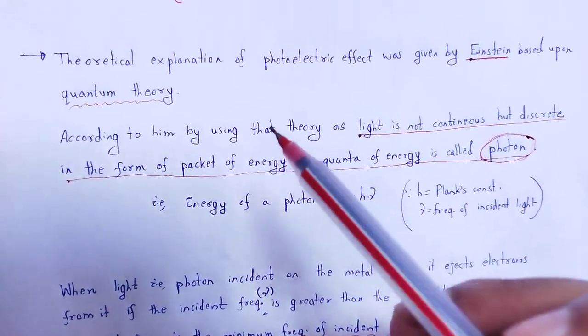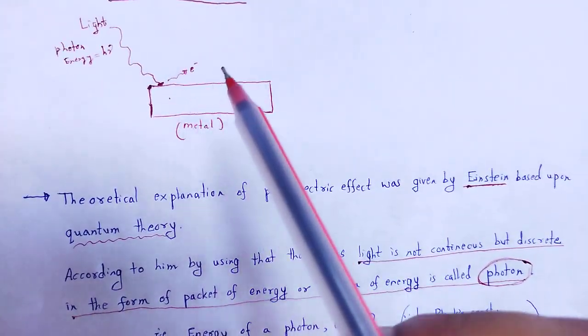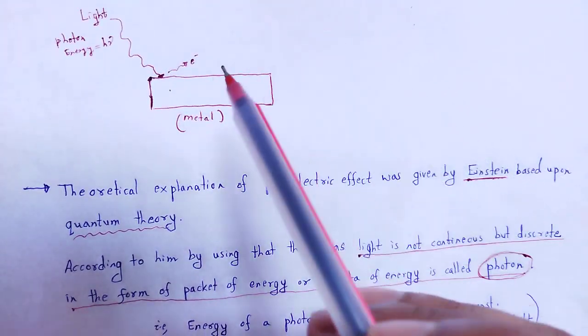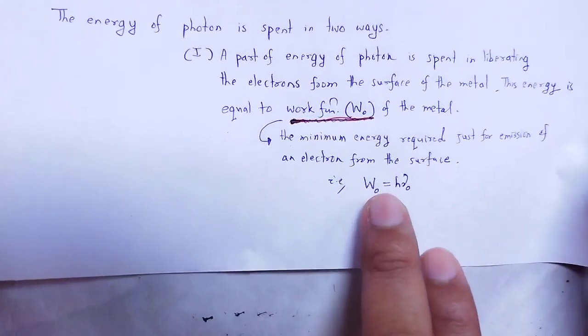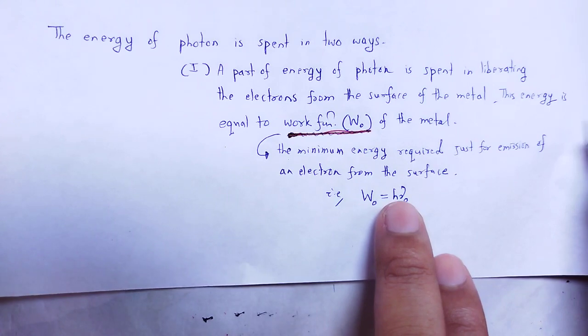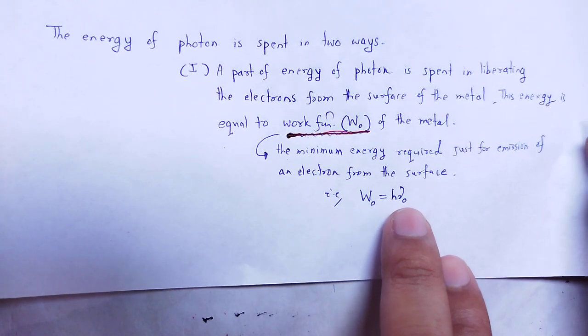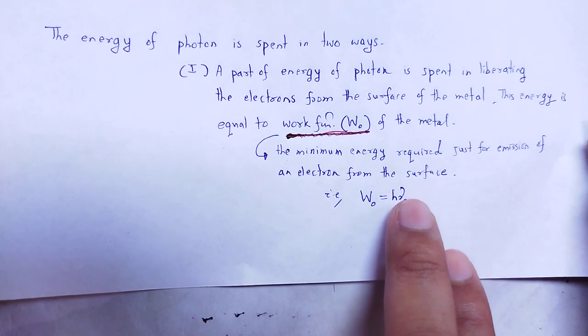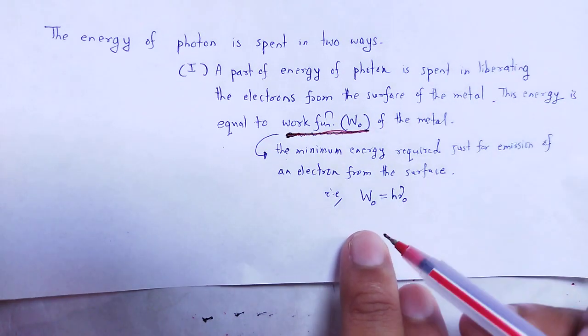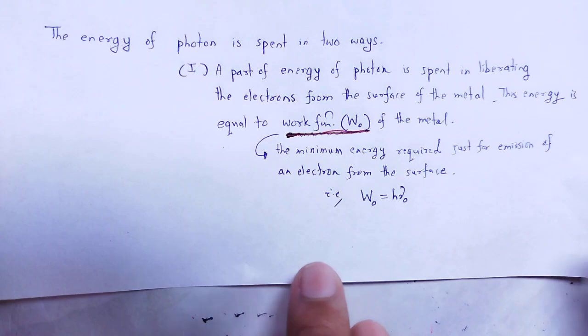So the work function is given by Planck's constant h into the threshold frequency nu naught. Work function is equal to h nu naught.